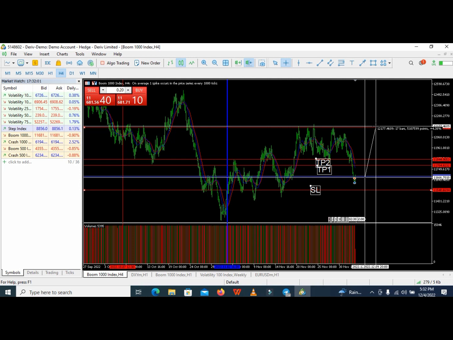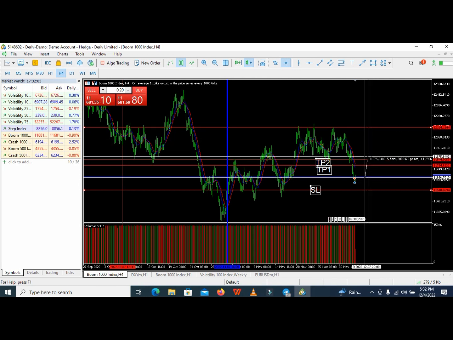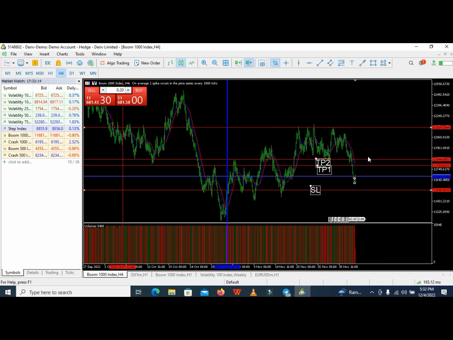Because maybe you want to make the profit in no time, it's better for you to reduce your take profit points or pips so that you can get into your take profit early, for the market to close for you as early as possible. So you can bring it closer here, and either take profit 1 or take profit 2 might hit. But if it gets here, there are other factors you have to consider before you can place a sell or a buy.